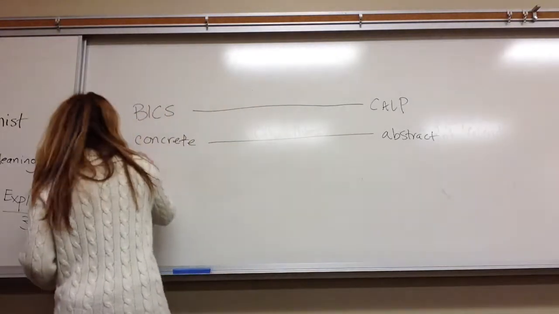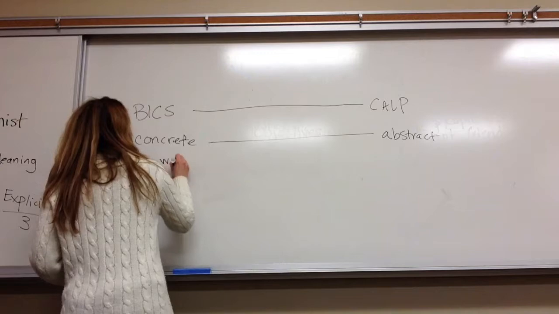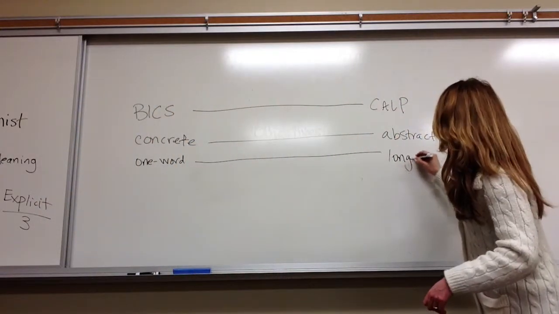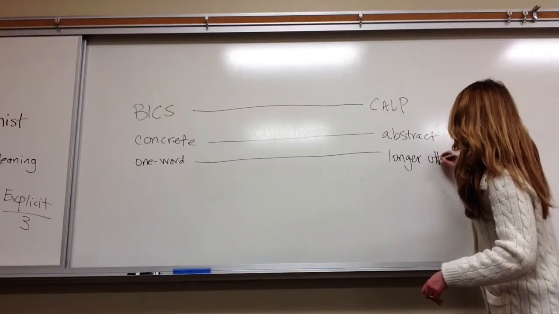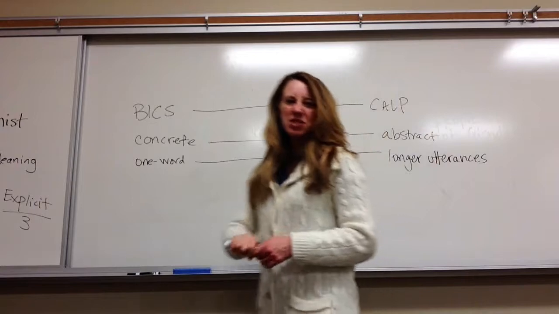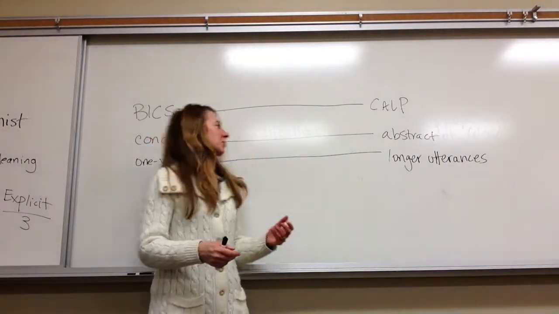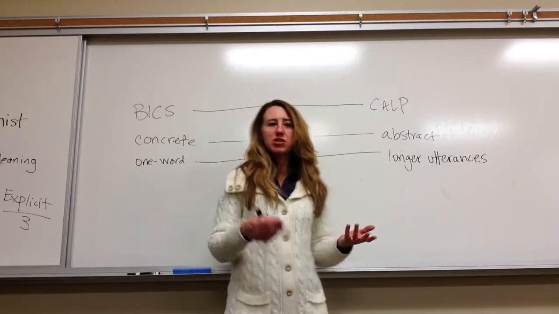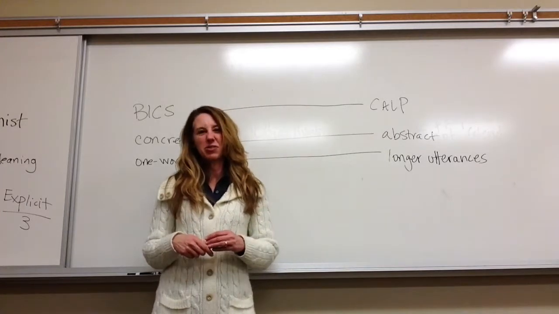They also start out with one-word answers, and they get longer and longer utterances. Utterances is a fancy way of saying something someone says. So if I get up and give a 1.5 minute speech, that is a 1.5 minute utterance.